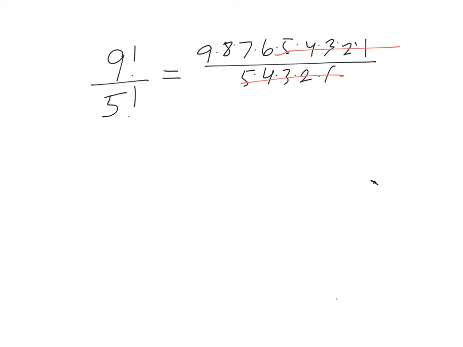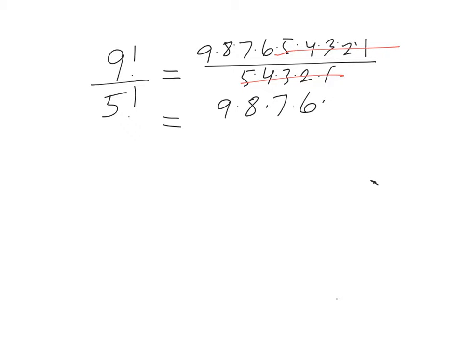One fast way to do it, or a little bit faster, is instead of writing 9, 8, 7, 6, 5, 4, 3 all the way down, you can just write until you get to the number you want. So I'm like 9 times 8 times 7 times 6.